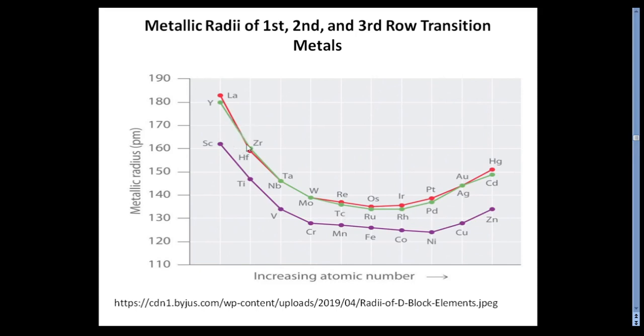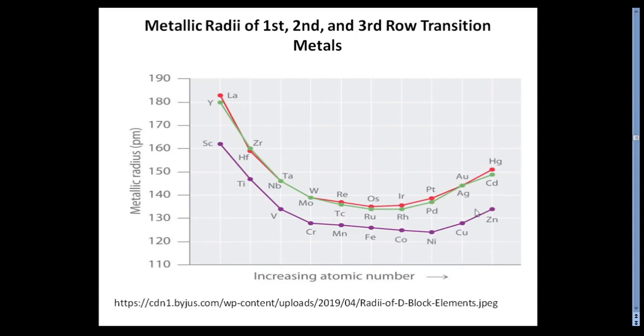We will study the second and third transition series in detail later, but just focus on how these lines overlap each other. That overlapping gives information that the nuclear charges are increasing, but the properties of these transition elements vary without much difference.